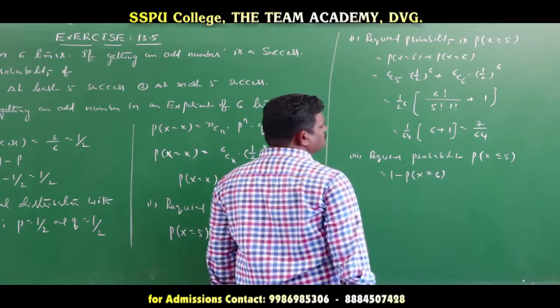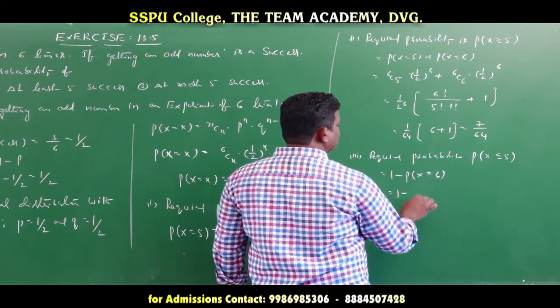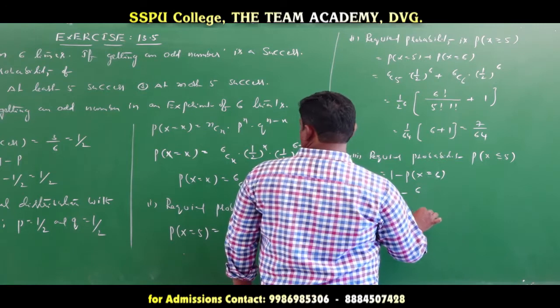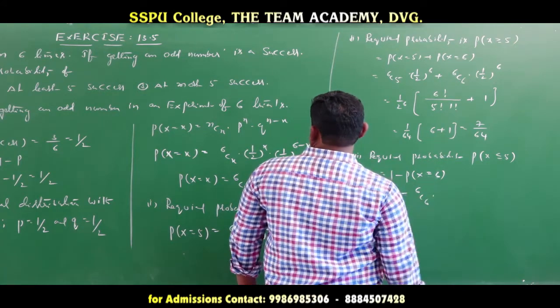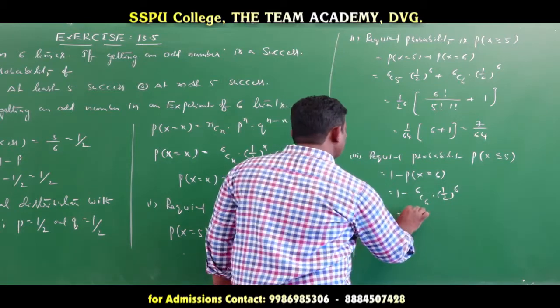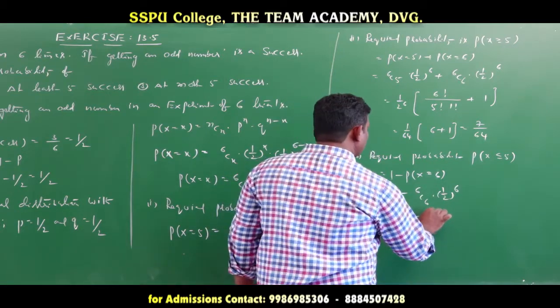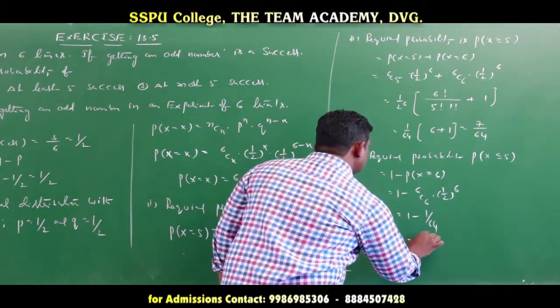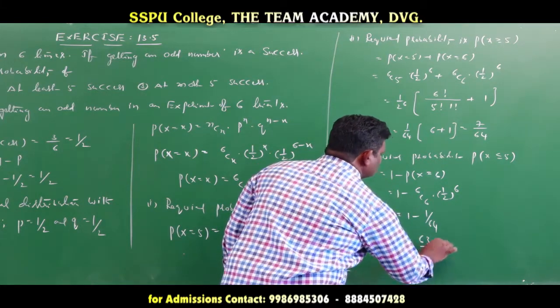So 1 minus probability of x equal to 6, that is 1 minus 6C6 into 1 by 2 whole power 6. That is 1 minus 1 by 64, which is equal to 63 by 64.